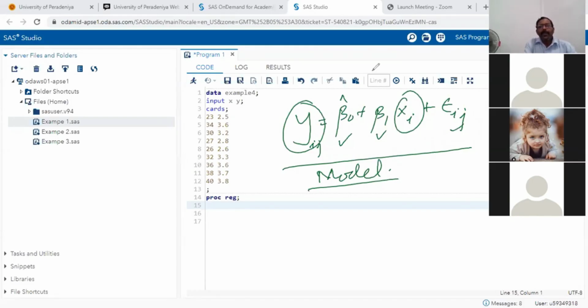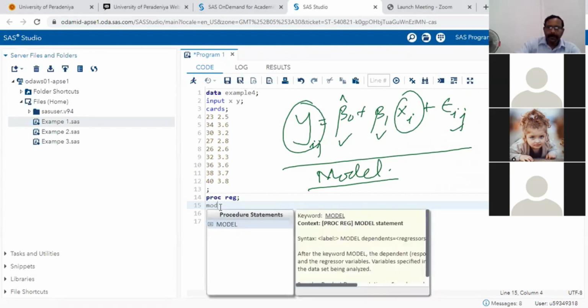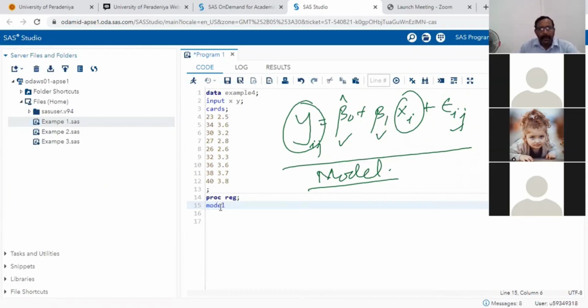What I'm going to do is type model. Tell me how I can type in the model. Y equal X here.